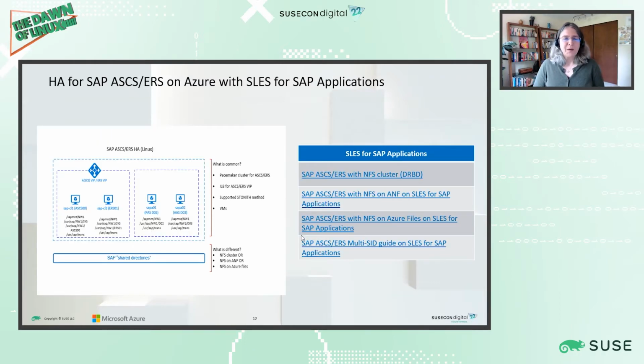Okay, so before we dive into the details and the portfolio of high availability reference architectures for SAP workloads on Azure, I just wanted to say that as we embark on releasing a new architecture, and it is true for the architectures which are already released, we always work in very close collaboration with the colleagues at SUSE and SAP Engineering.